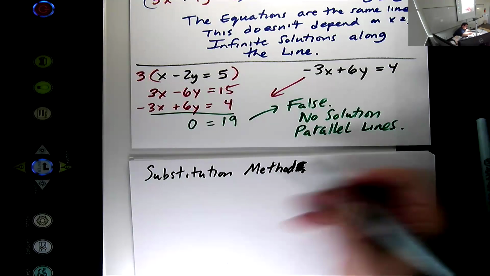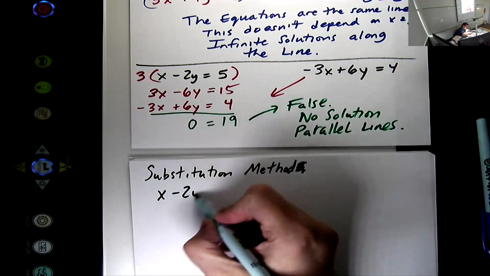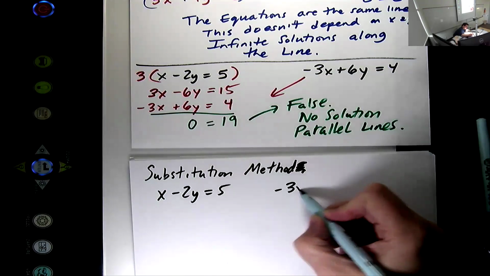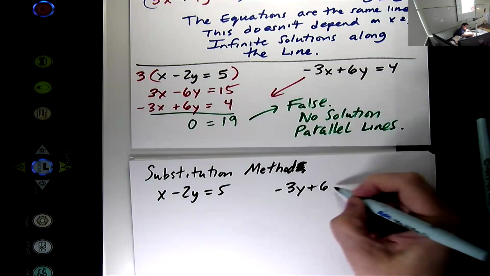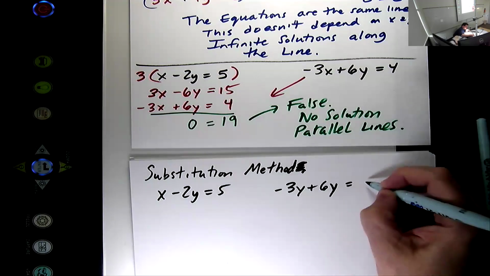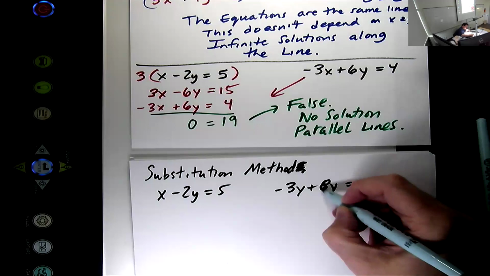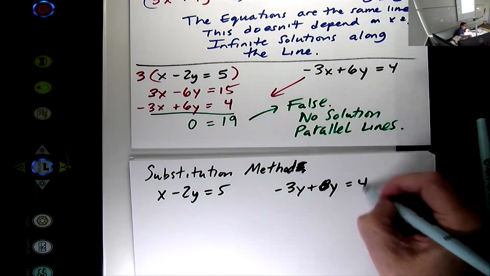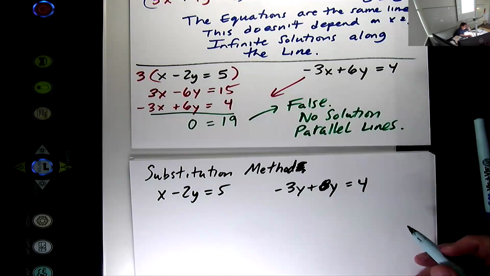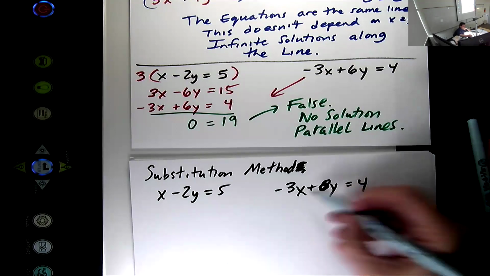All right, so I got x minus 2y equals 5, negative 3x plus 6y equals. Let's change the numbers. Let's make that 8y equals 4. That way we get a solution. That's an x.